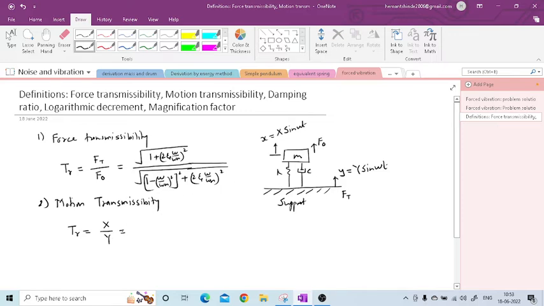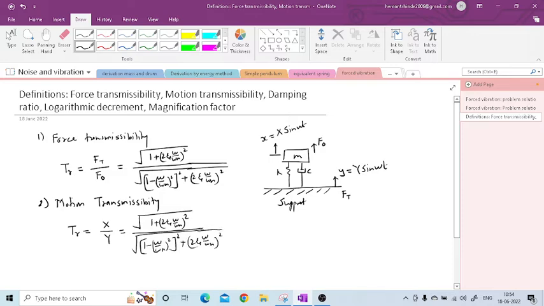Now this ratio x divided by y, the displacement of the vibrating system to the displacement of the support, is equal to, the formula is again the same. It is 1 plus (2 zeta omega by omega n) square divided by the square root of (1 minus (omega by omega n) square) whole square plus (2 zeta omega by omega n) square.